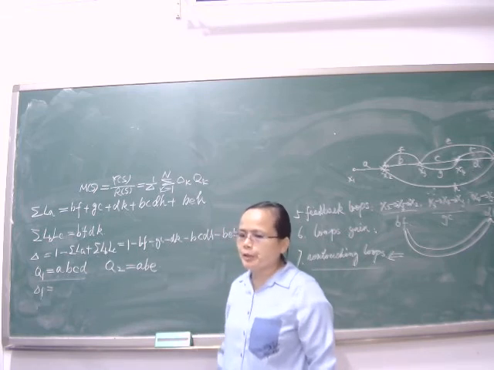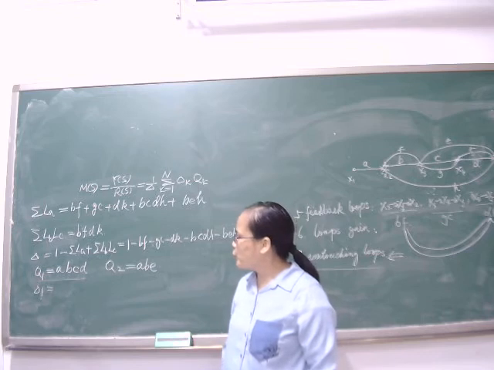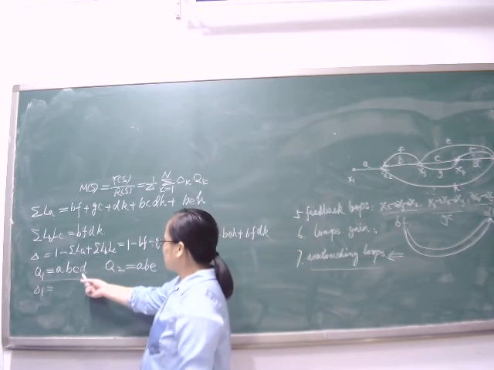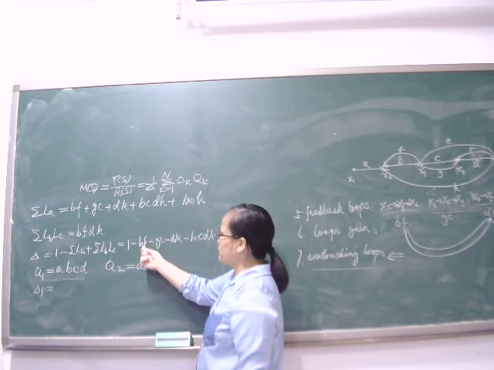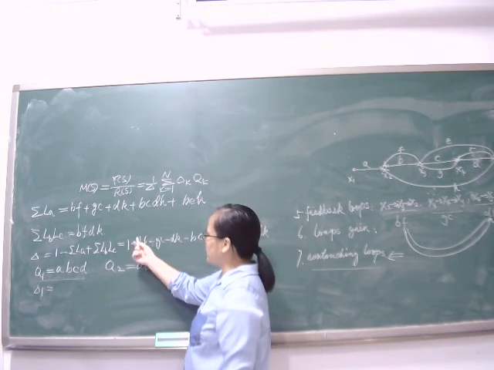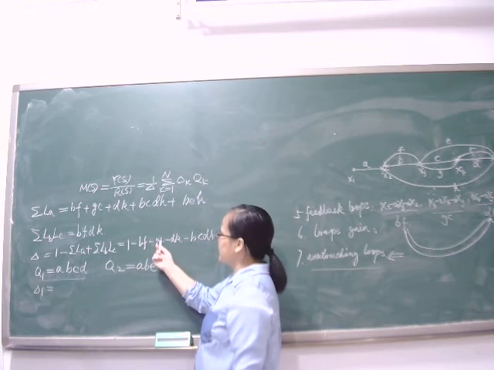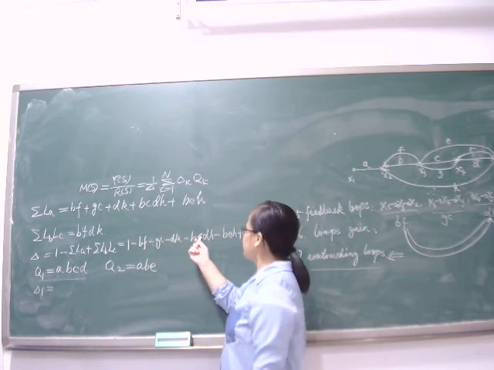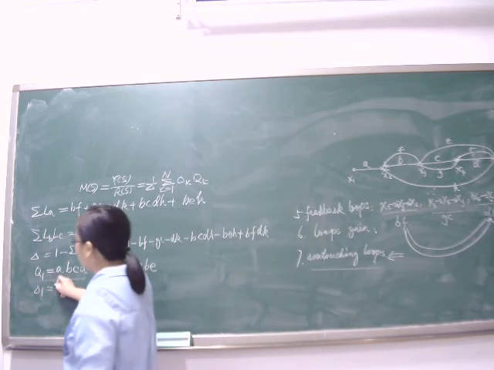It is determined over this path that produces P1. We can see here A, B, C, D. If this has B and this has B, they touch, so this should be removed. This has C, this has D, B, C. So this delta 1 equals 1.